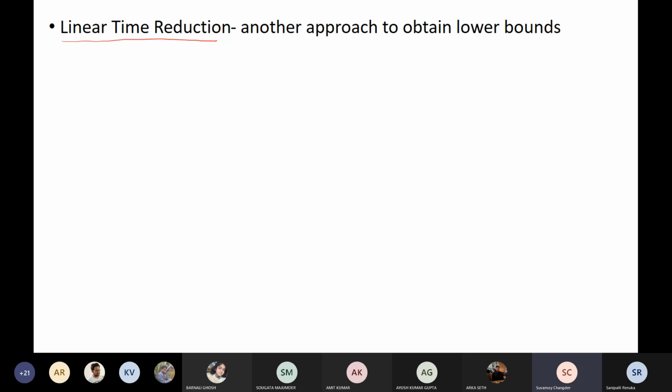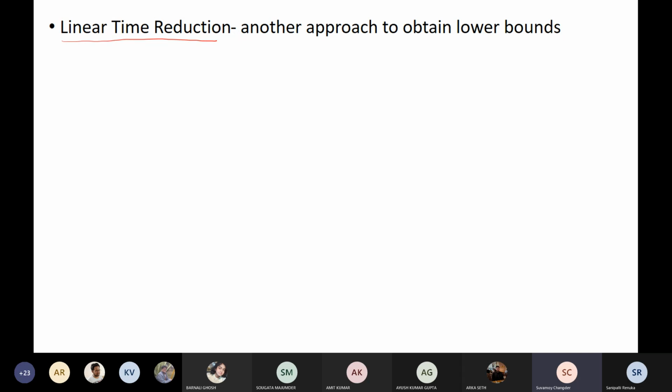Because there may be problems where it is difficult to find the lower bounds directly, we may apply this approach where we convert one problem to another type of problem, and that is known as linear time reduction. That means we are reducing one problem to another problem.